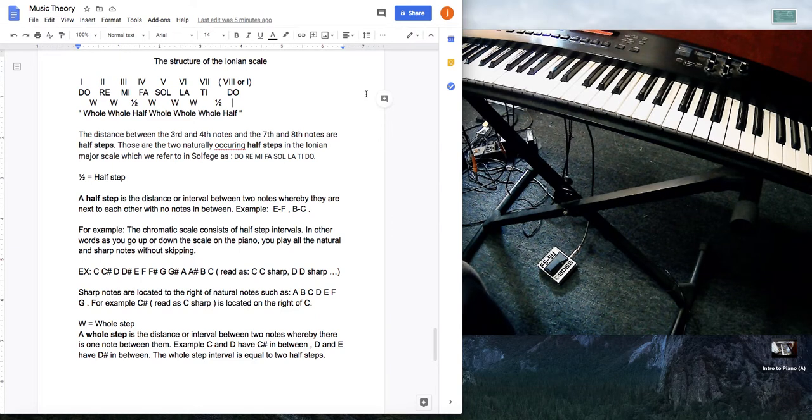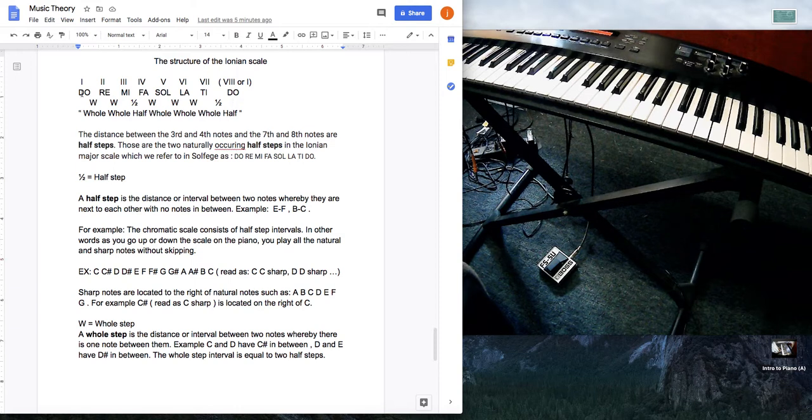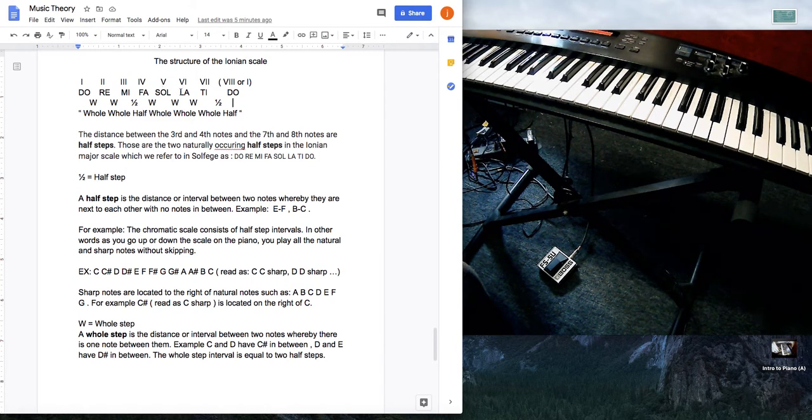First of all, you could think of the scale as Do being the first degree of the Ionian scale, Re is the second, Mi is the third, Fa is the fourth, Sol is the fifth, La is the sixth, Ti is the seventh. And then at the end of the scale, you repeat the first one.